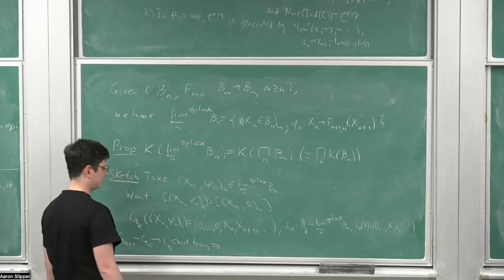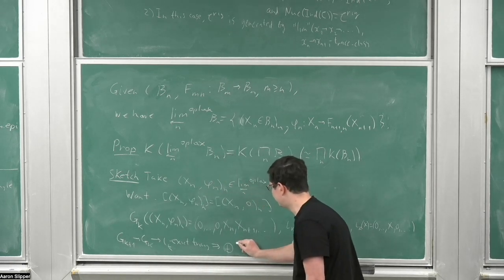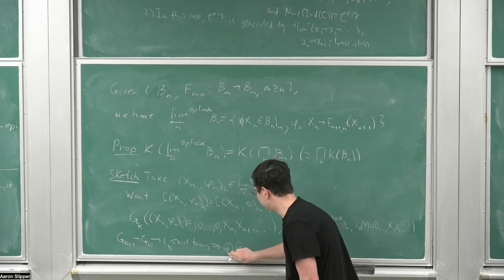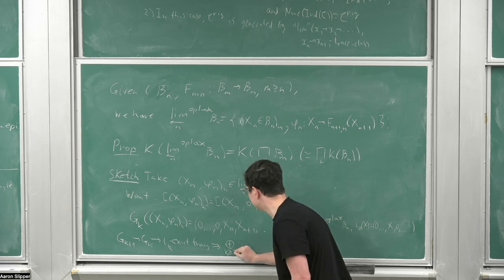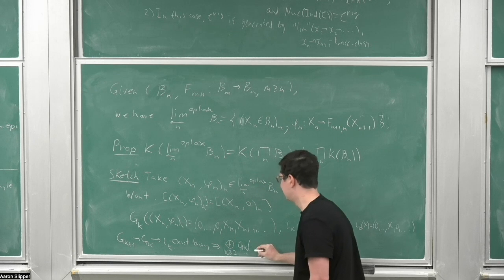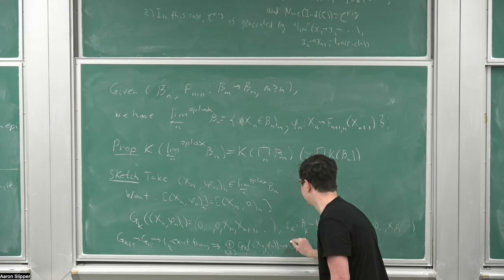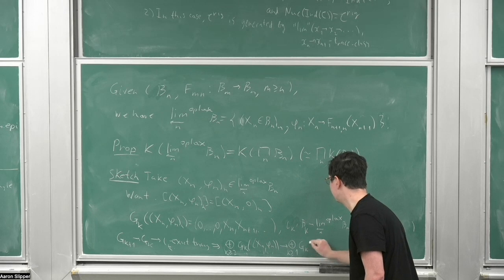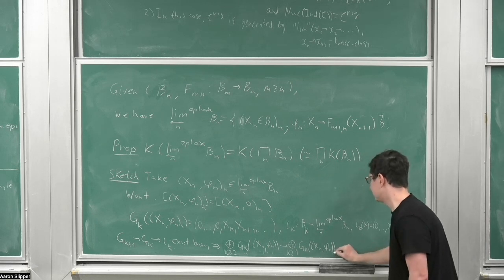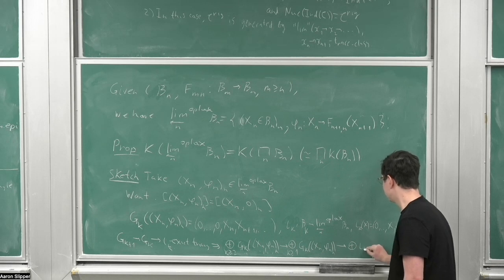This implies that we have a well-defined exact triangle: the direct sum over k greater than or equal to 1 of Gk of our object, and we get the direct sum of delta k of our object.